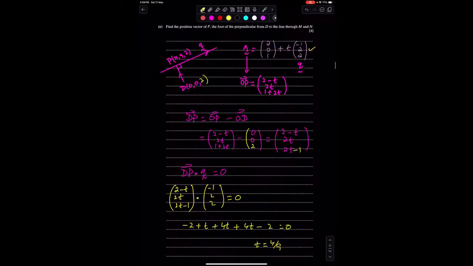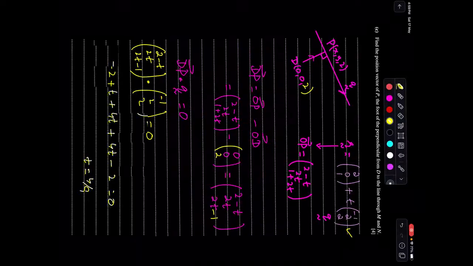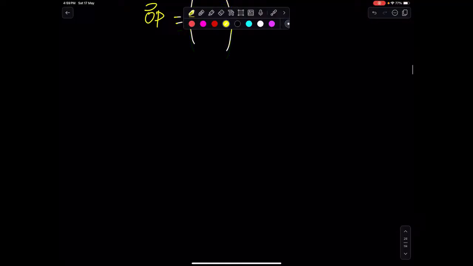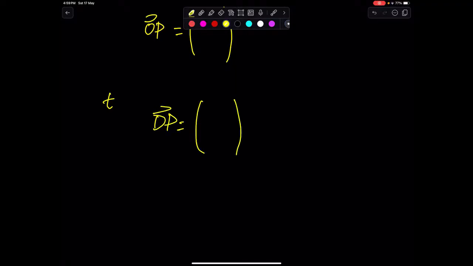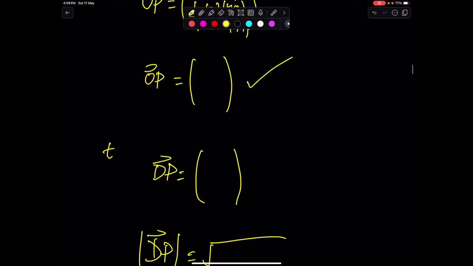We had to find OP. So this is the way to solve questions of shortest distance. What if the question was find the shortest distance? Then substitute t into DP, get this vector and then find its magnitude. This is the way to get the shortest distance, and this is the way to get the position vector of the foot of perpendicular.